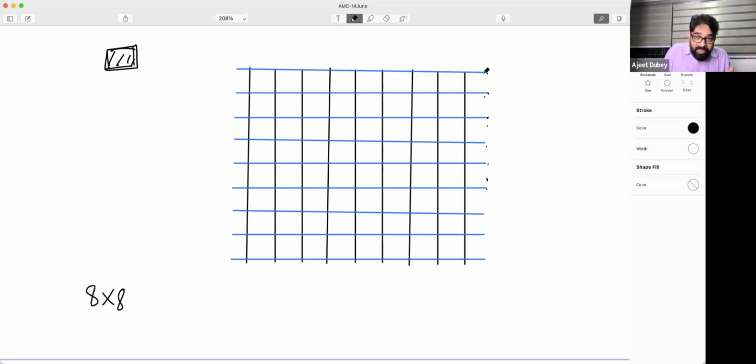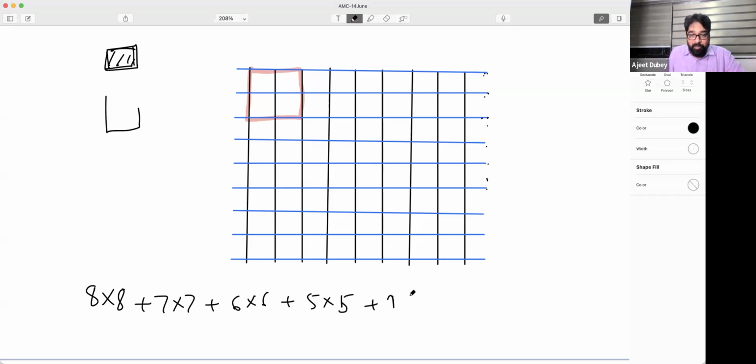If you take lines with one gap, and one gap here also, you'll get a bigger square, something like this one. So the number of squares of double size will be 7 into 7. Number of squares of triple side, 6 into 6, then 5 into 5, 4 into 4, 3 into 3, 2 into 2, plus 1 into 1 for the biggest one.